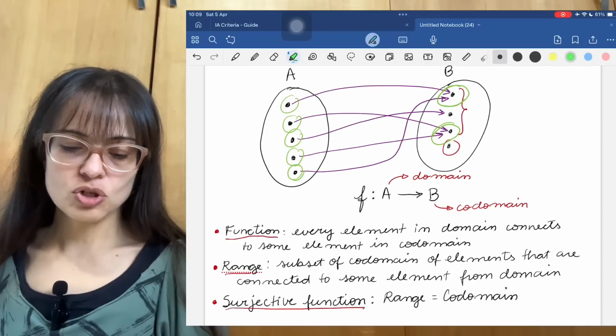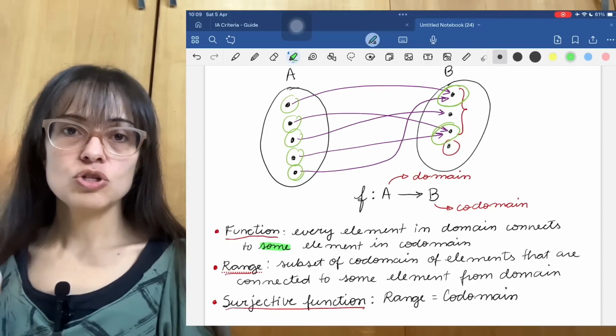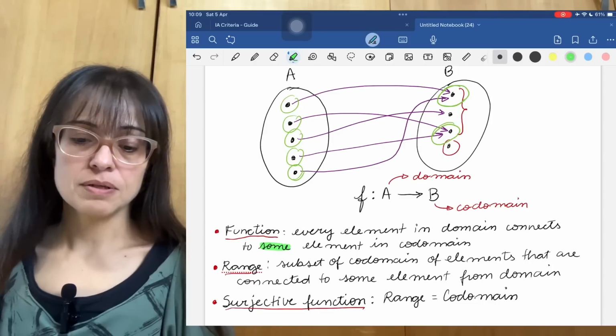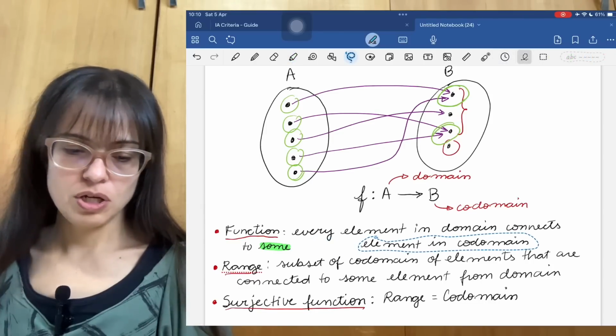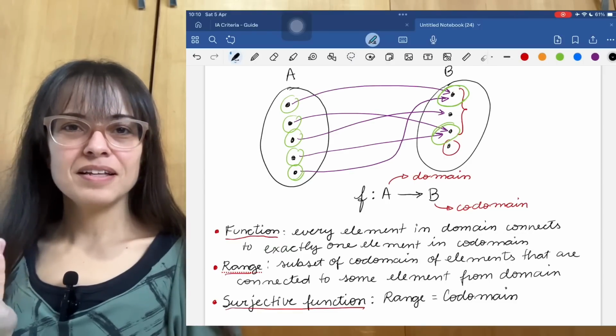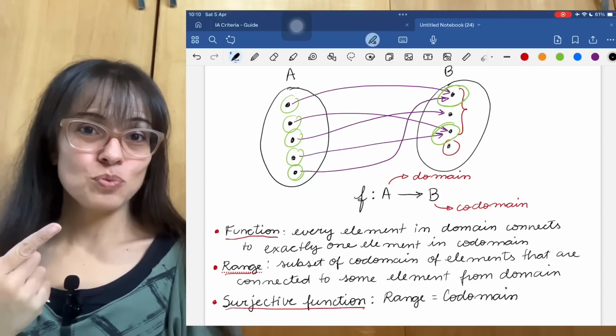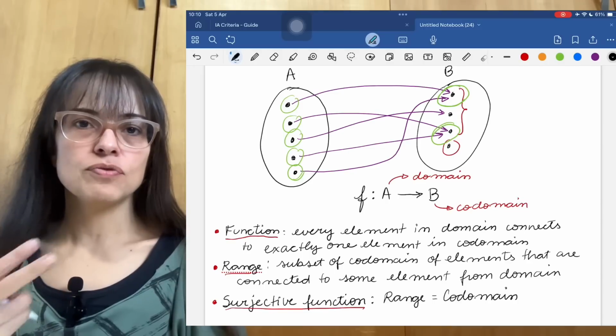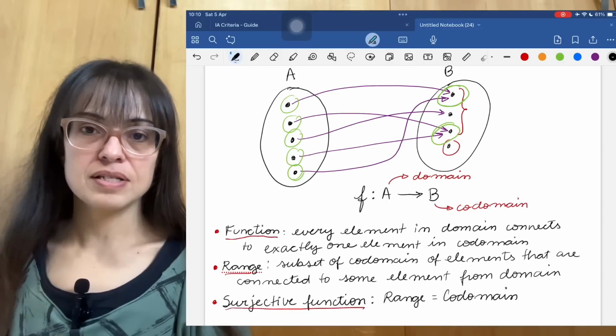When I said it's connected to some element, I should have said instead that it is connected to exactly one element. So let's make that change here. Exactly one element does say that it is connected to somebody because it's one somebody, but it also doesn't allow for there to be two somebodies because it's exactly one.